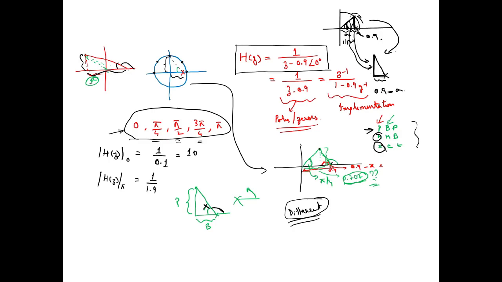And this one is 0.9 minus A. So just apply Pythagoras theorem, you get the hypotenuse. Okay. Anything else?